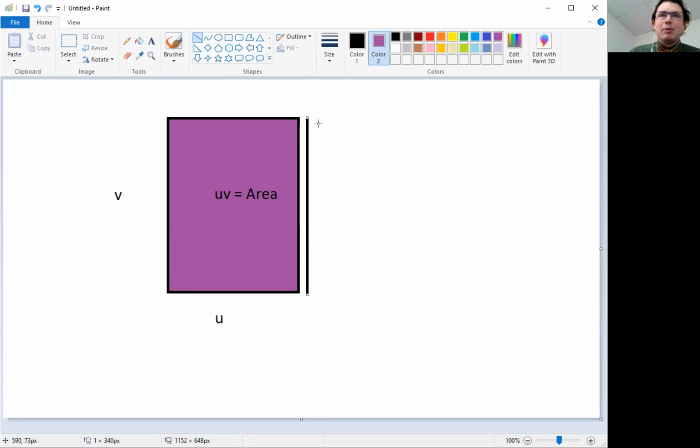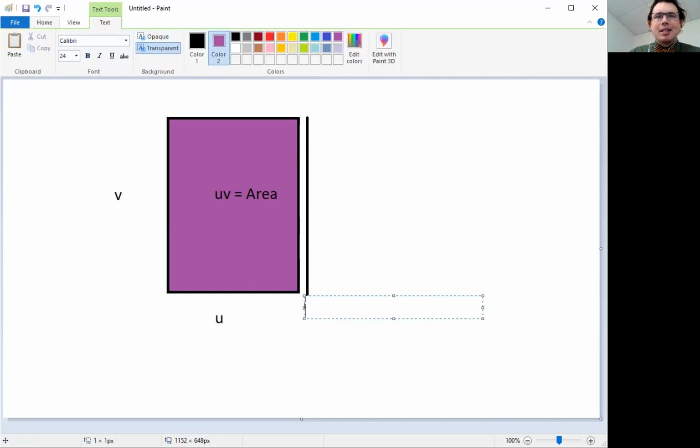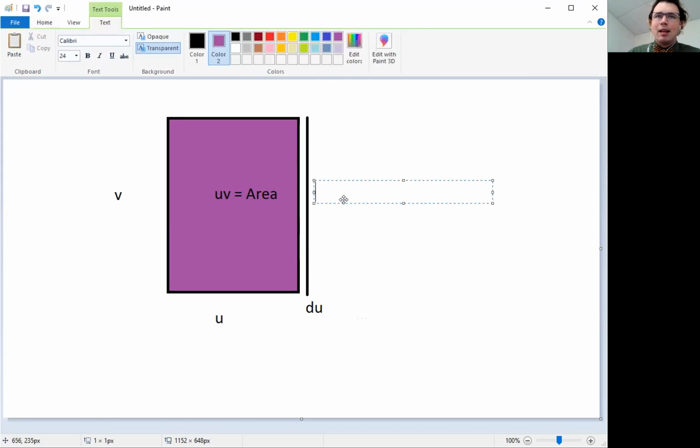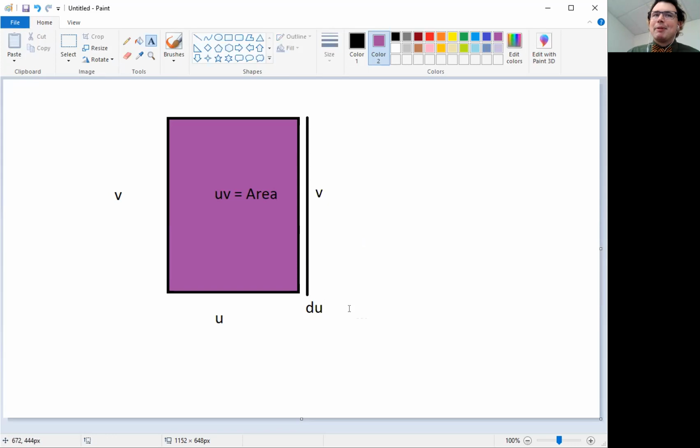My U will be getting just larger enough here. And so the width of this line is representing my differential du. How long is that line segment? It's V units long. I hope that makes sense.